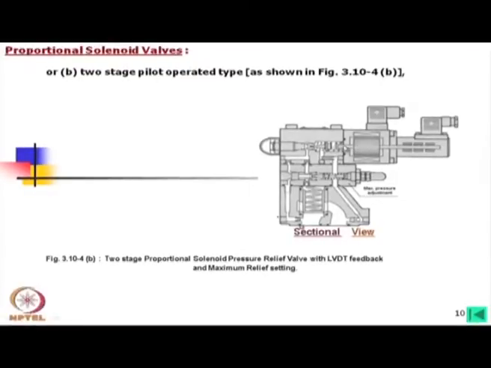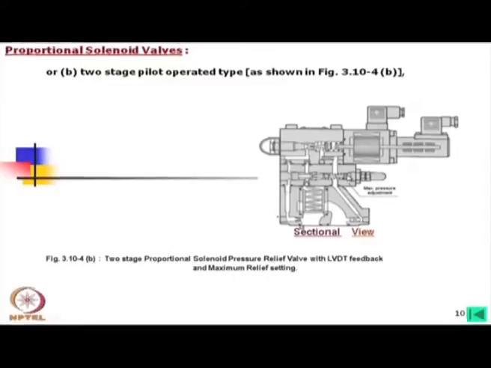Now, there is a main spring, and this spring is just to position this poppet, and this is the varying orifice which is controlling the orifice size, and by that the pressure control. Now, this is an additional part, which we can keep or may not keep. This is an ordinary pressure relief valve for maximum setting.